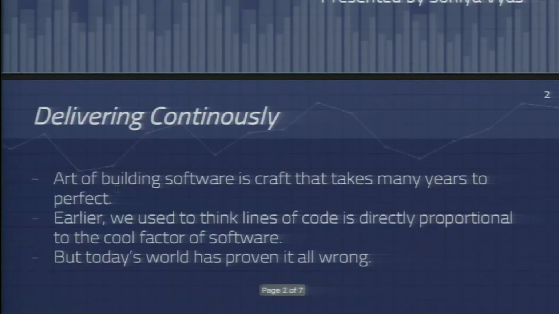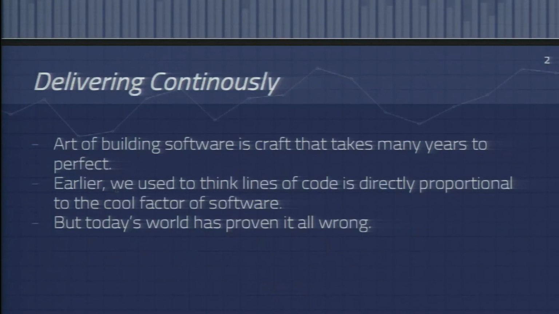So delivering continuously. As we all know, the art of building software is a craft that takes many years to develop. Earlier in our careers, we used to believe that the more lines of code, the better developers we are, that the cool factor of an application comes from more lines of code.